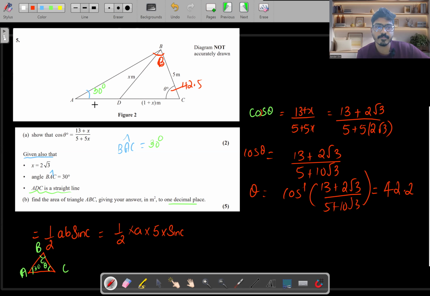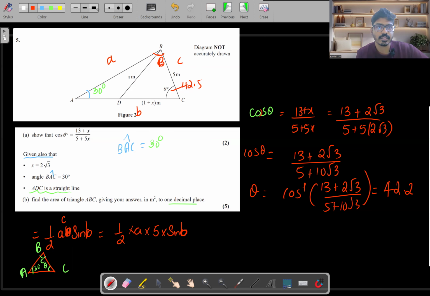Angle B would be, so here then it is going to be sine B. Our formula would be, if I take this as A, this as C, this as B, then this would be AC sine B.